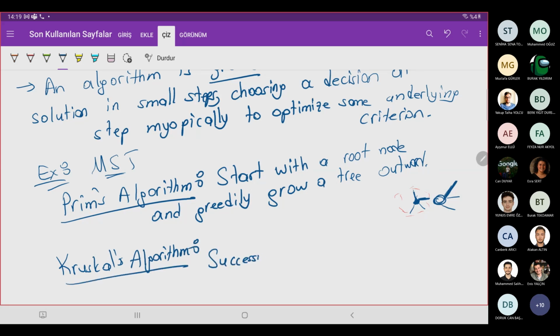Successively insert edges in order of increasing cost.